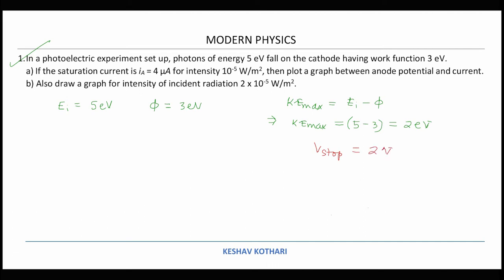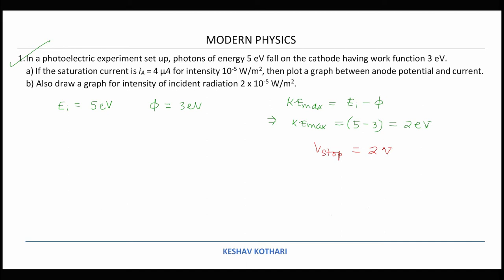So from here the question, if we read the first one: if the saturation current is 4 microampere for intensity 10 to the power minus 5 watt per meter square, then plot a graph between anode potential and current. And part B is asking, also draw a graph for the intensity of incident radiation 2 into 10 to the power minus 5 watt per meter square.